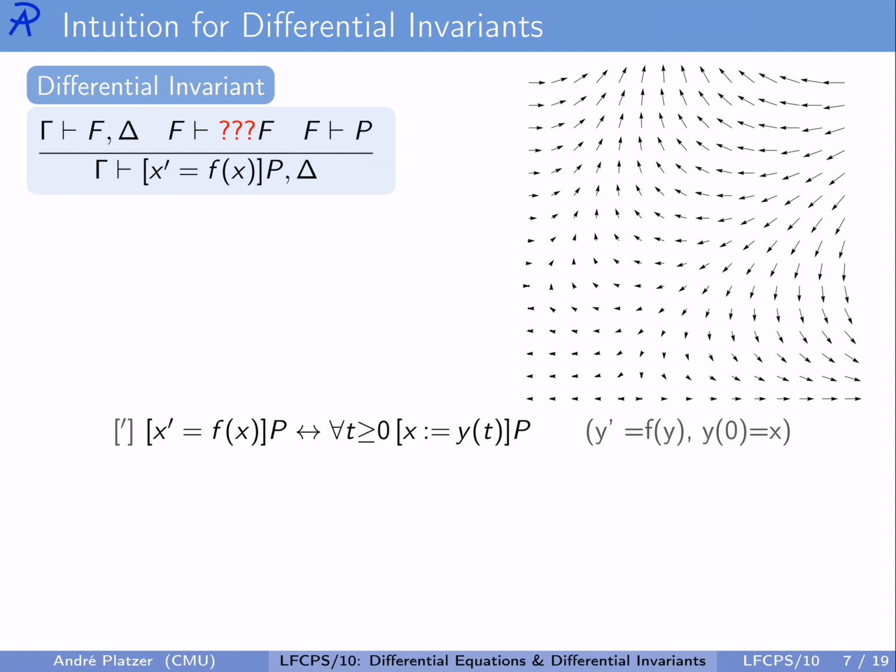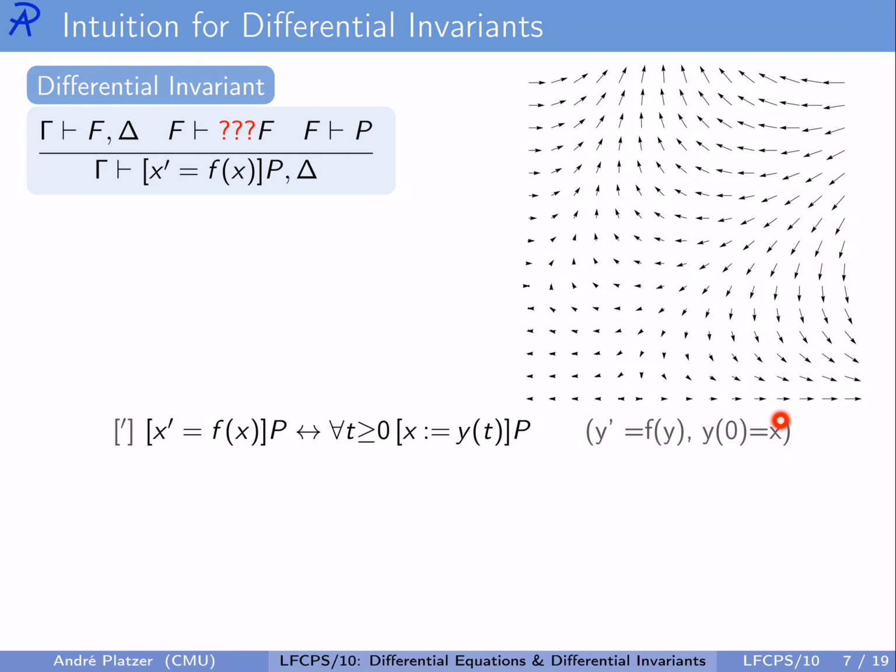Now, contrast this with what we've done with solutions of differential equations. Of course, we can say a property is always true after a differential equation if, assuming we happen to be given a solution of the symbolic initial value problem that starts off the differential equation at the initial value about which we don't know anything except that we can call it x.